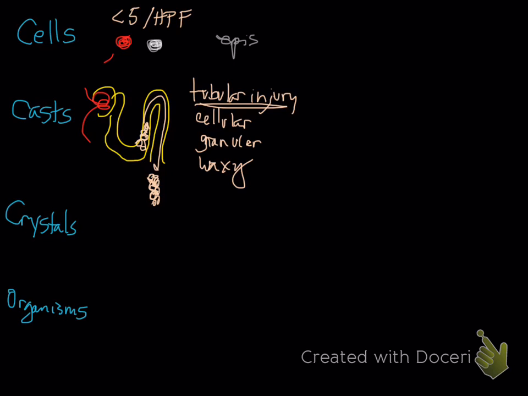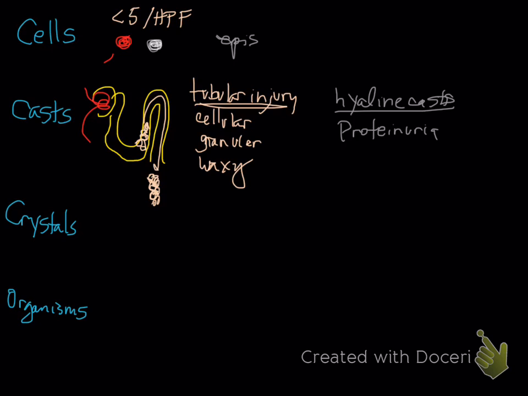You can also have something called hyaline casts, and hyaline casts can be not good, or they can be not so bad. Hyaline casts are due to proteinuria. And this can be pathologic proteinuria, or it can be just due to the concentration of those normal tubular proteins.